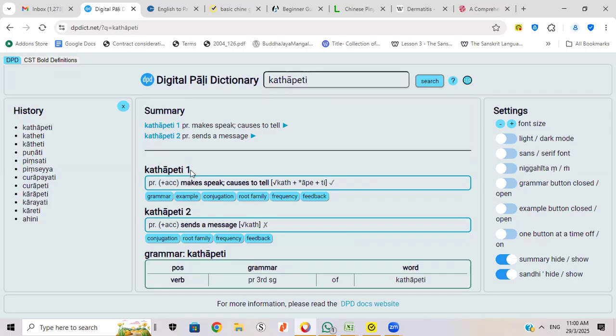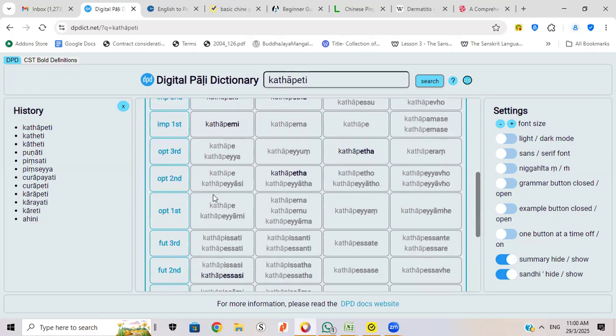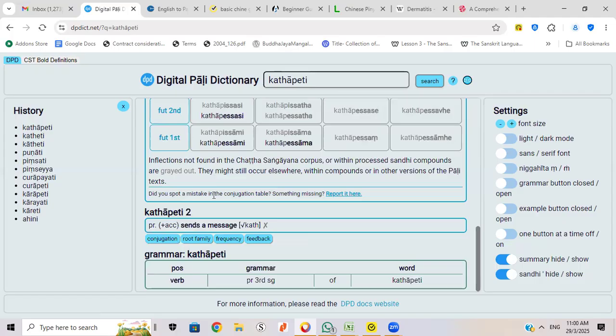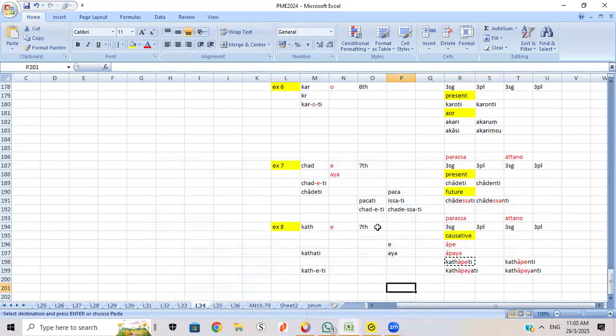See, I follow the A, I become first conjugation. Just now I checked it's 7 conjugation. Probably this word can be formed by 2 conjugations. Causative. So that means most likely this word is first conjugation. First.